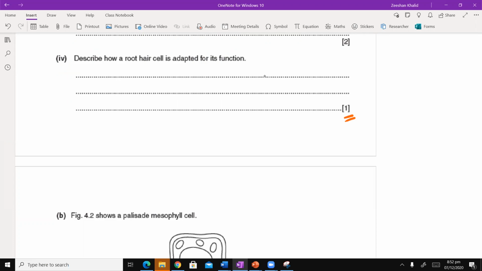It does not mean that if it is for 1 mark, you will only suffice yourself with 1 point. No, you can write more. Be intelligent, okay? So what do you have to write?